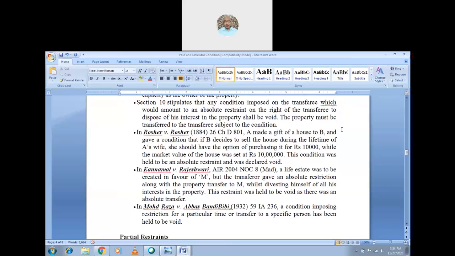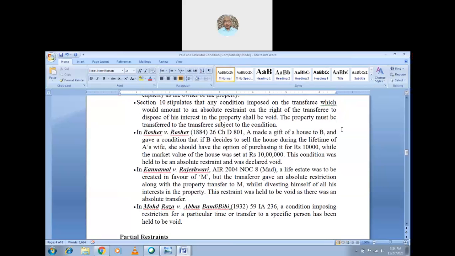So this condition was held to be an absolute restraint and was declared void. One should not keep such a condition for the lifetime of the wife, that when he wants to sell it, he can sell only to the wife and not to others, where the market value is at least 10 times more than the value given.